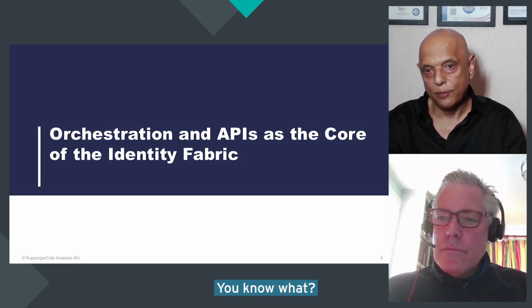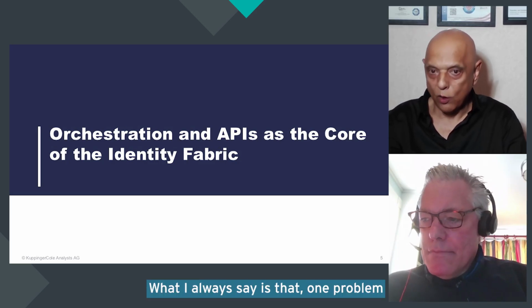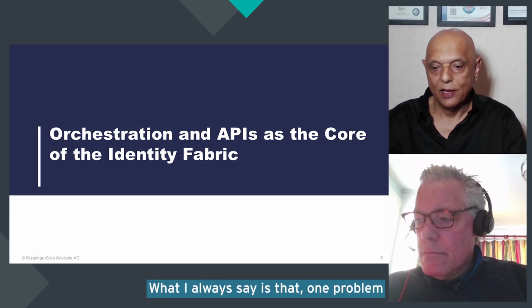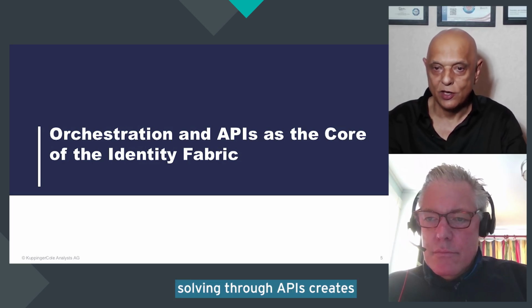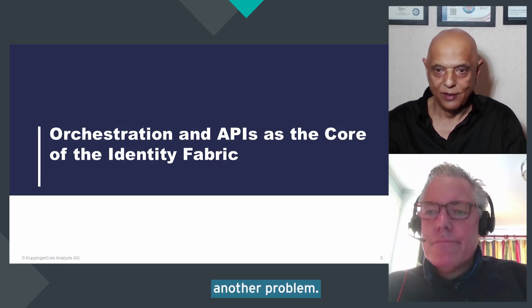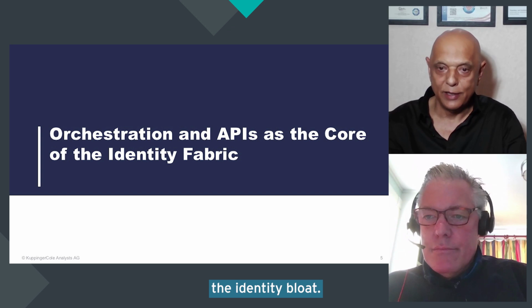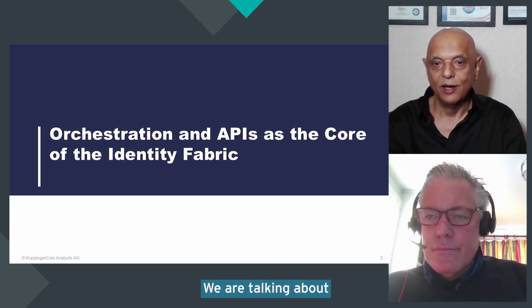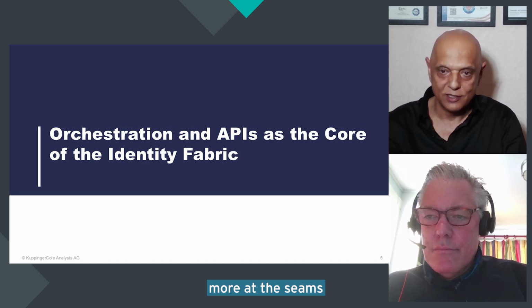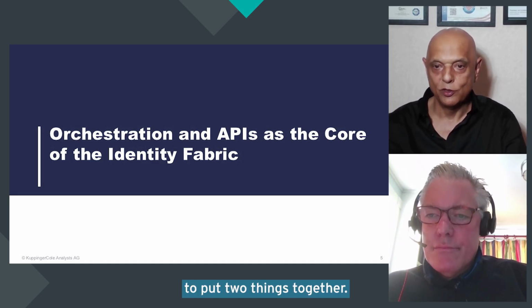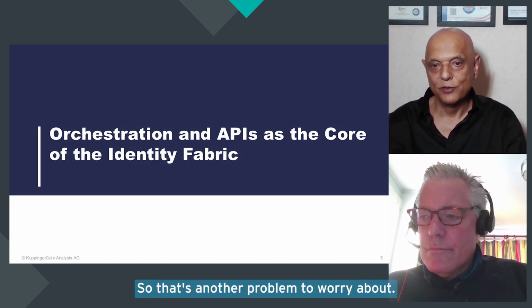Yes, it does. But what I always say is that one problem that you end up solving through APIs creates another problem. We are all talking about the identity bloat. We are talking about the fact that the security break happens more at the seams when we are trying to put two things together. So that's another problem to worry about.